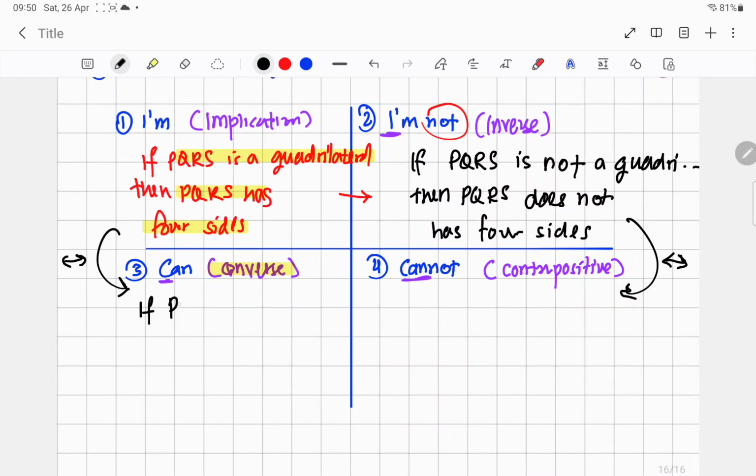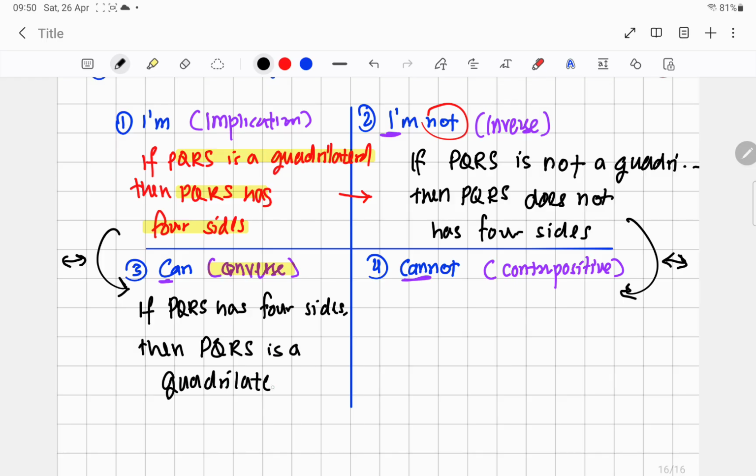So if PQRS has 4 sides, then PQRS is a quadrilateral.